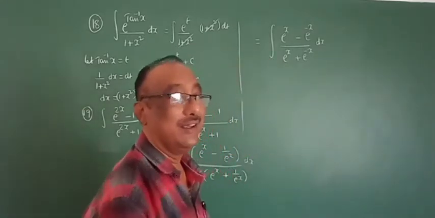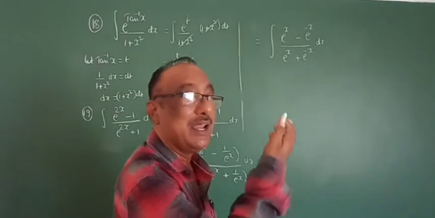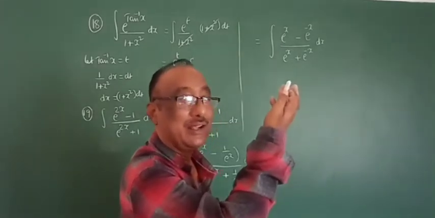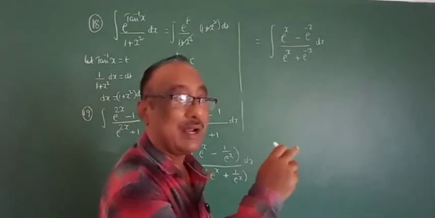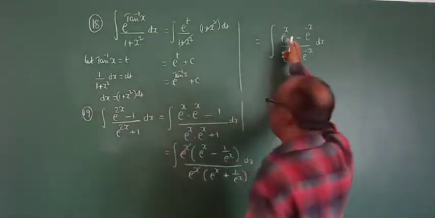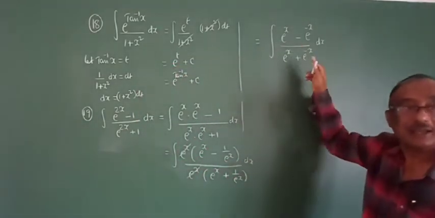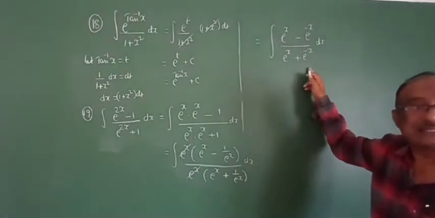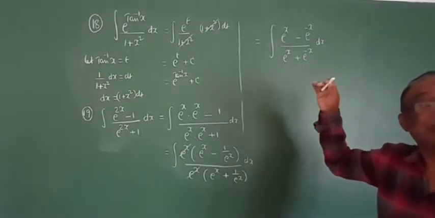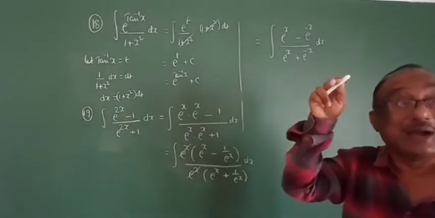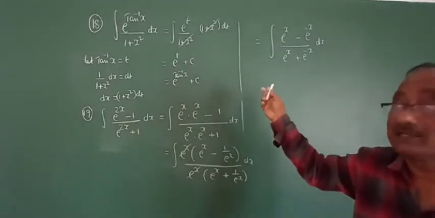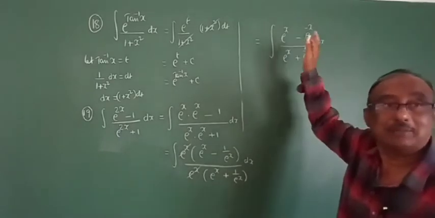Now see, the denominator's derivative is the numerator. The derivative of e power of x is the same e power of x. The derivative of e power of minus x is e power of minus x, but the derivative is with respect to plus x, so by the chain rule of minus x, we get the minus. Immediately we get the same.